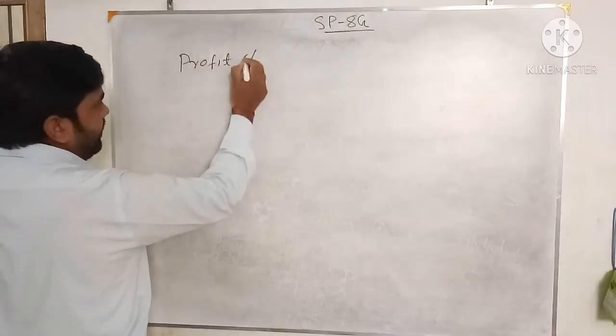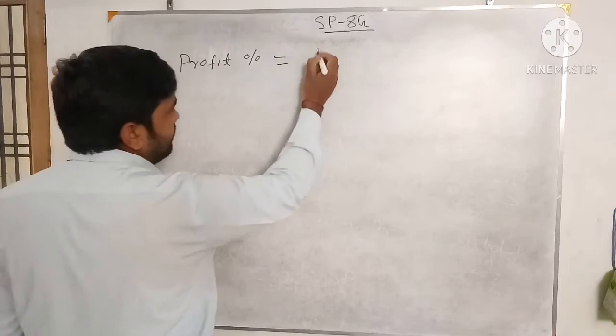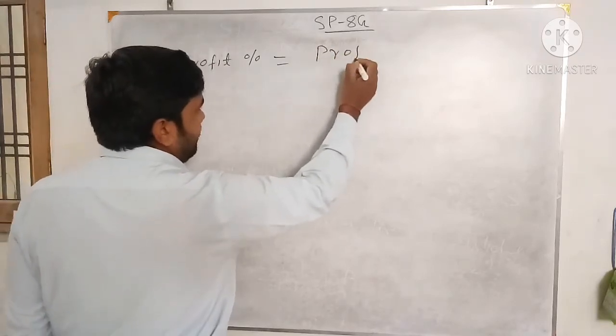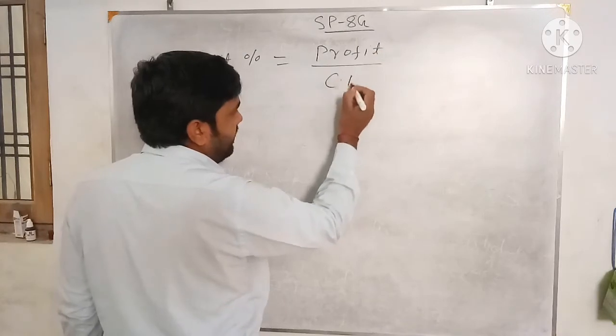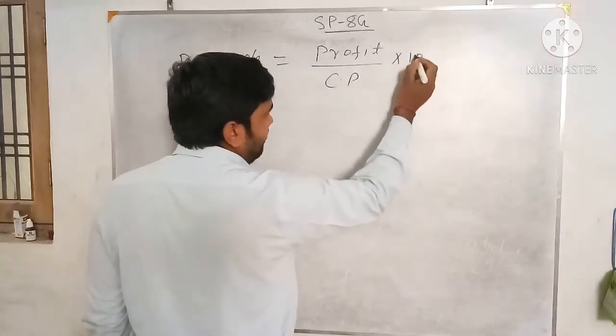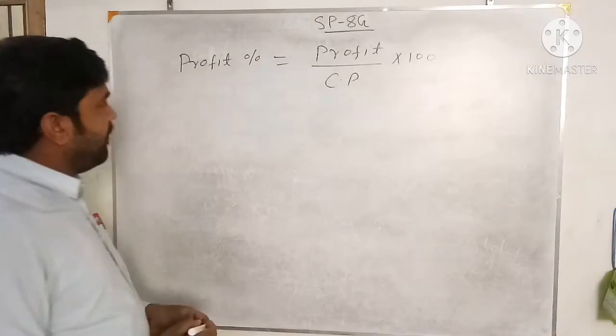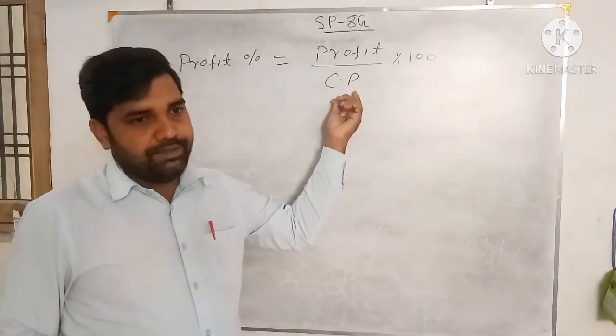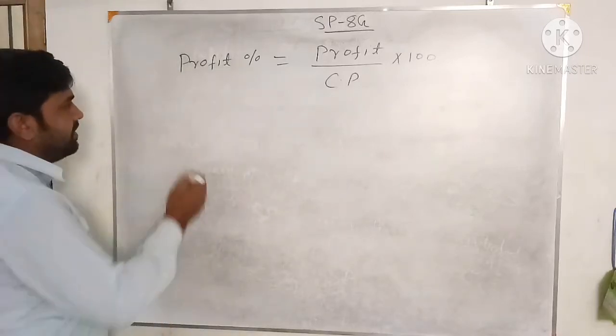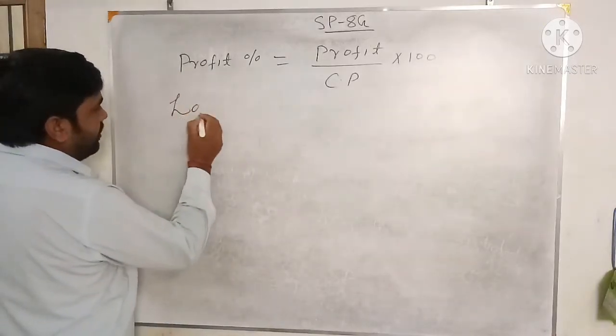How do we calculate the profit percent? The formula of profit percent is profit upon cost price, CP, multiplied by 100. Profit percent and loss percent both are calculated on the cost price.